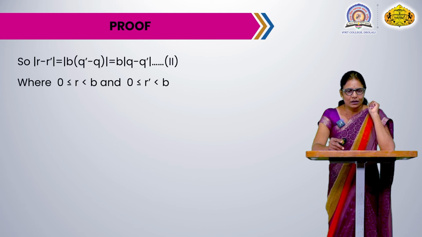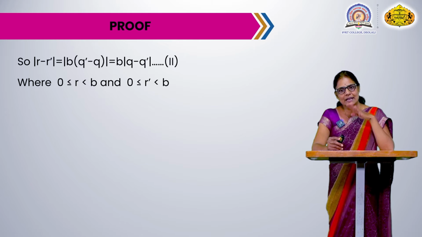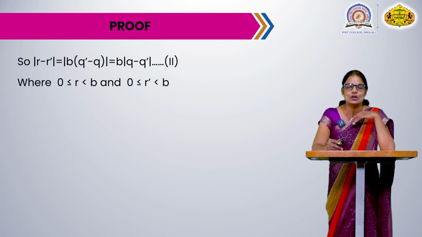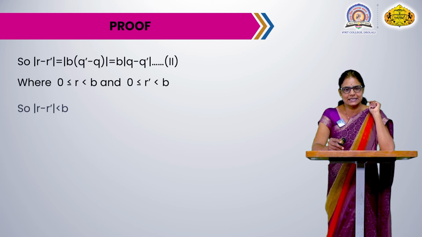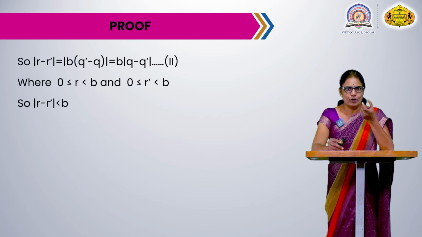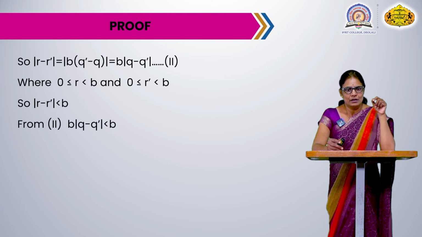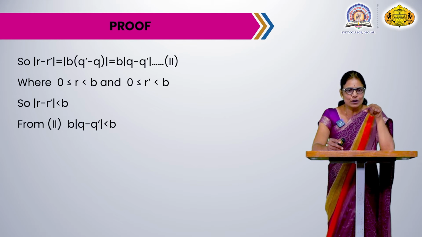So r is less than b and r dash is also less than b. So obviously the mod of r minus r dash is less than b. Now since this quantity is less than b, use the second equation. So b into mod of q minus q dash is also less than b by using equation 2.